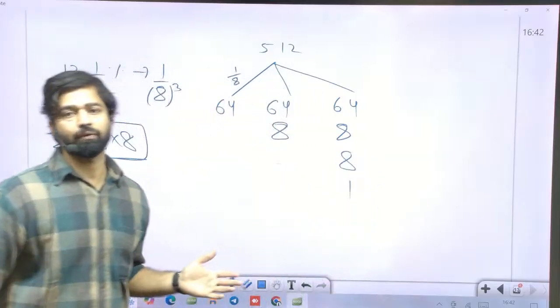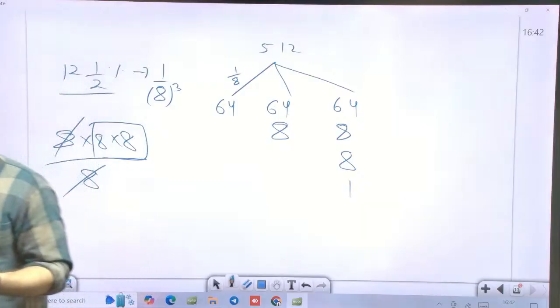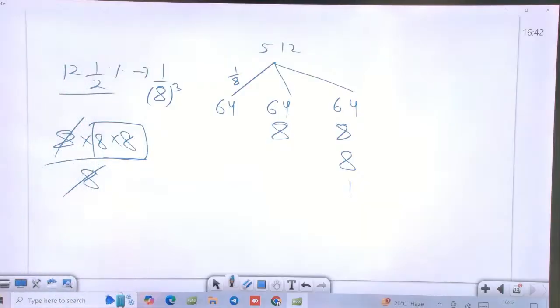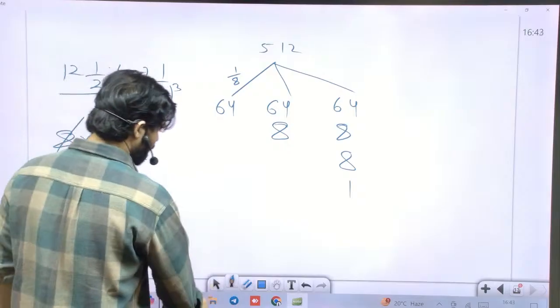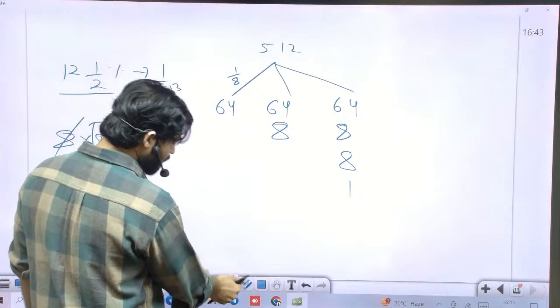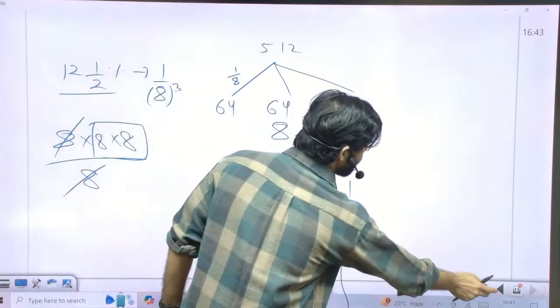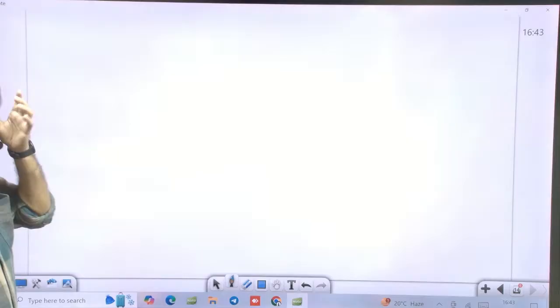So this is the tree for 12.5% for 3 years. Any problem in this? Got it? Shall we start the questions now? Today we have to learn how to read this tree and this chart. Make a tree.